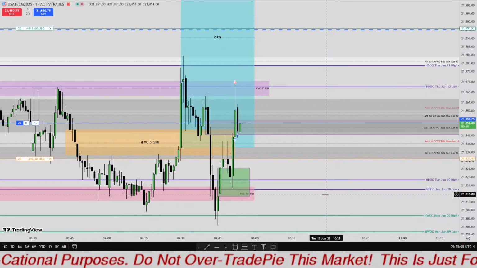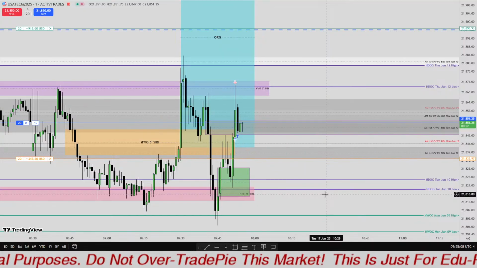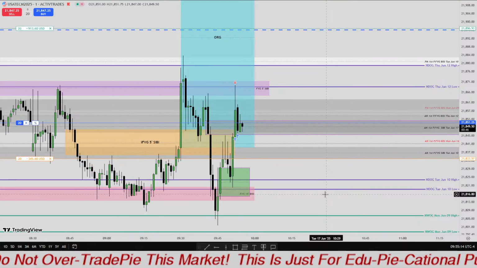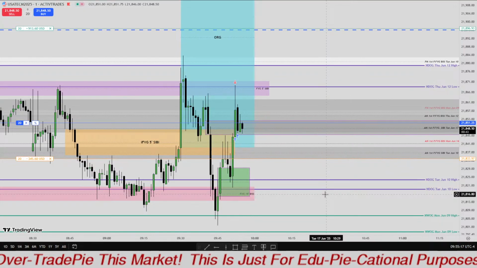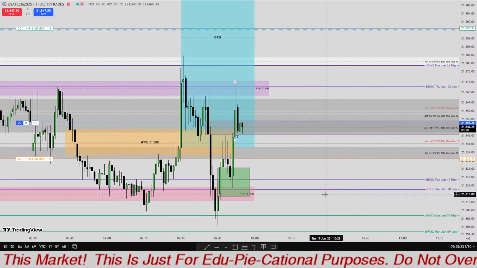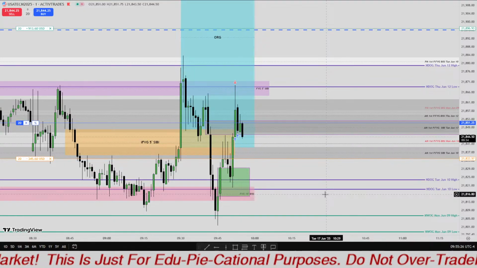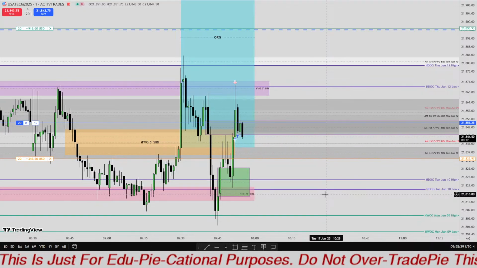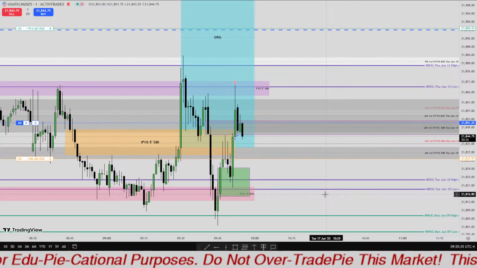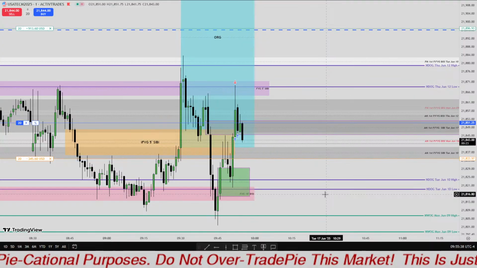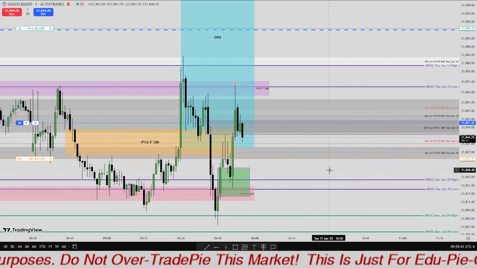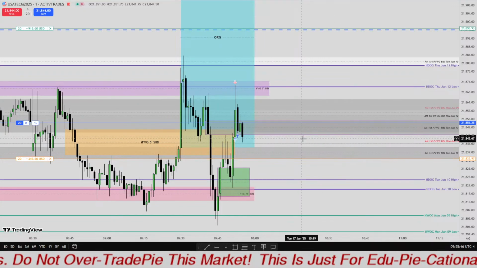We're spending time in the first presented fair value gap over here. Trying to tap to the first presented fair value gap of yesterday's morning session.